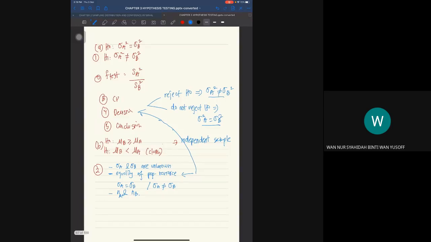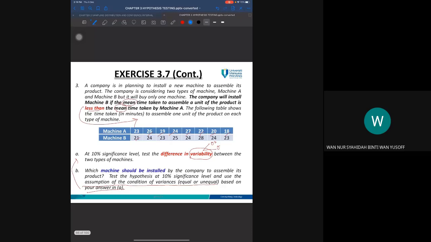In order for us to use the answer in A for the B, one thing that you have to make sure is the alpha used here. The alpha used in B must be similar to A so that we can use the answer from A, because they are related to each other.